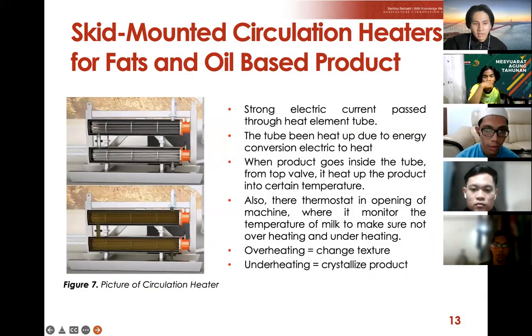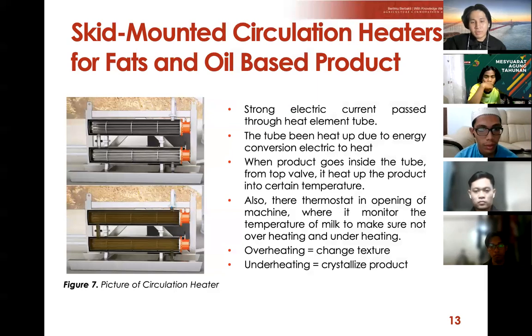These are the diagrams of the skid mounted circulation heater. This works basically the same as just now, where a strong electrical current is passed through the element tube. The tube heats up due to the energy conversion from electrical to heat. When the product goes inside the tube from the top valve, it heats the product to a certain temperature.